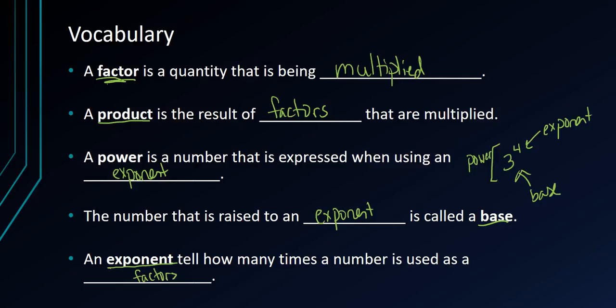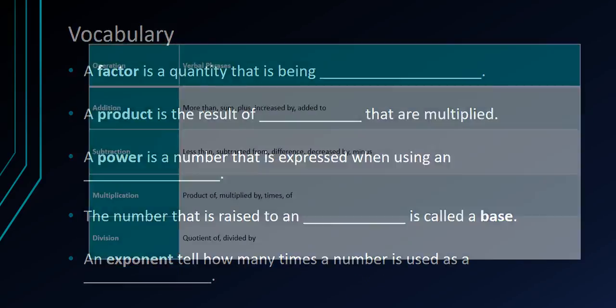So the exponent tells me to use my base of 3 4 times, multiplying, because the exponent is 4. So again, power is the whole thing, base is the bigger number, the 3 in this case, and 4 is the exponent. The exponent tells you how many times to write the base out.